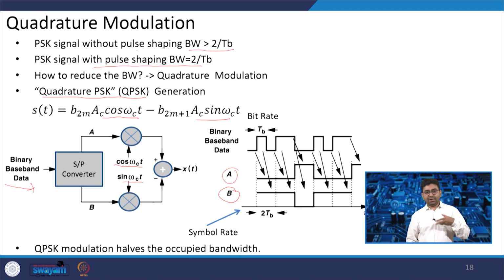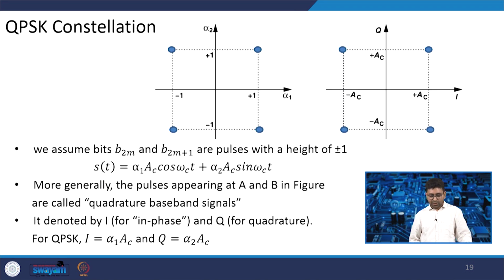Similarly, if we use a more complex modulation scheme, you can reduce the bandwidth further. This is the QPSK constellation diagram. In PSK we have only one x axis, with a 0 on one side and a 1 on the other.